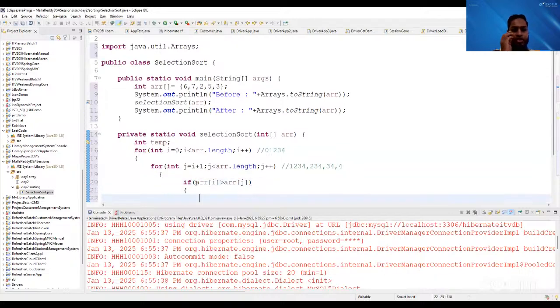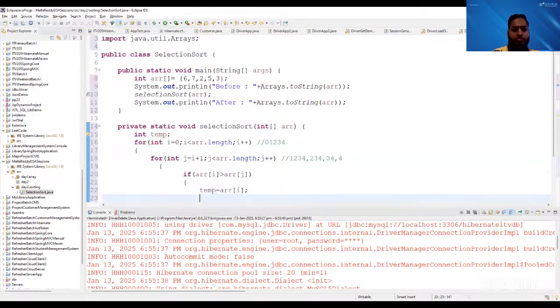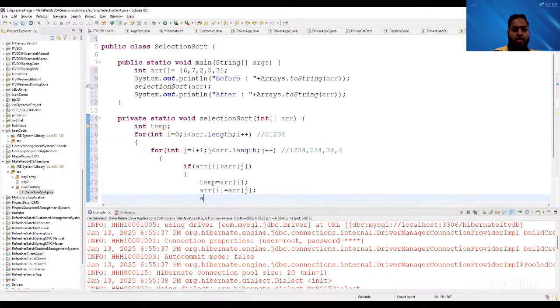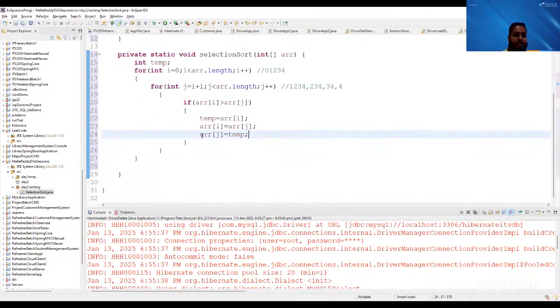Then how do we swap? arr of i goes into temp, arr of j goes into arr of i, and temp goes into arr of j. Like this you will swap. As simple as that.